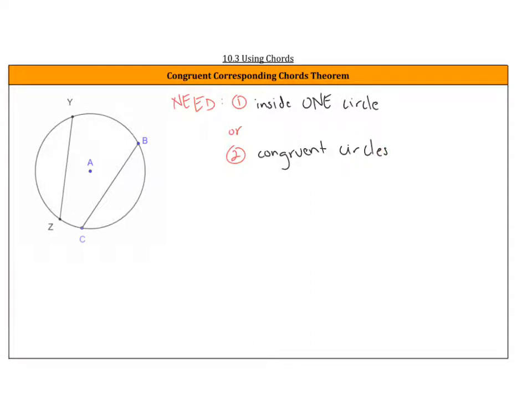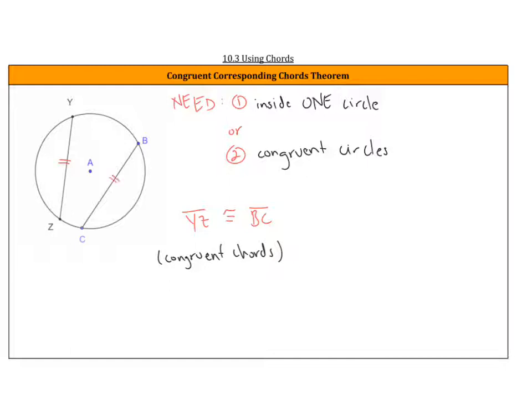Now, what does the theorem actually say? It says that if you have congruent chords, so for example, in our picture, we have segment YZ, and let's say that segment YZ is congruent to segment BC. So these are our congruent chords. And I'm going to go ahead and, of course, mark them in the picture as well.